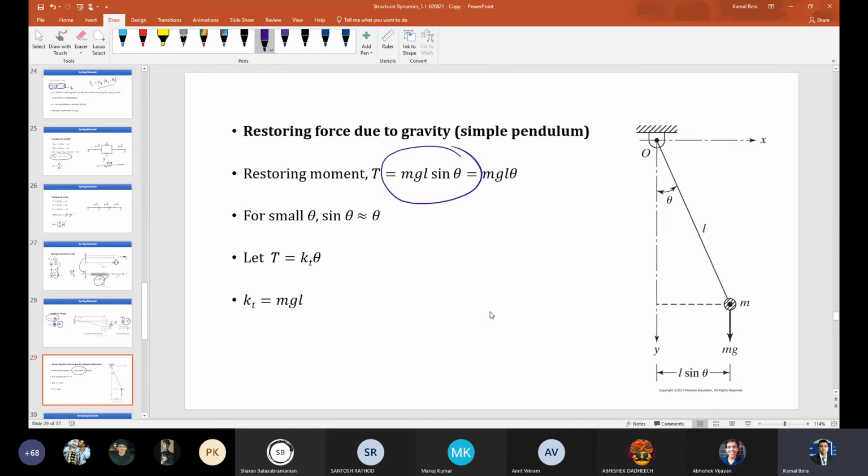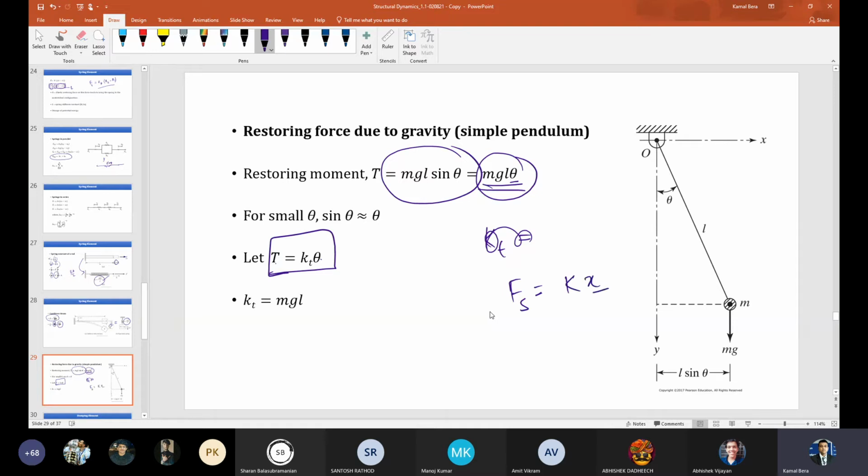If we assume that theta is small, then sin theta is theta, so I can write this as mg L theta. This is basically the torsional restoring force, that is T equals kt into theta, like I am representing Fs equals k into some relative x.